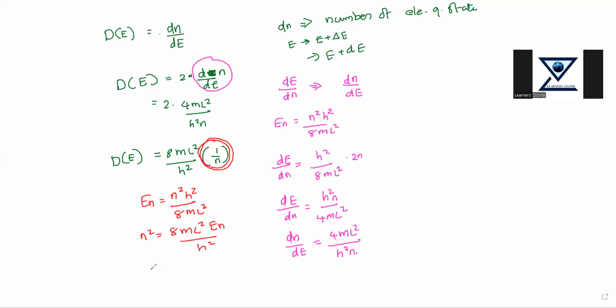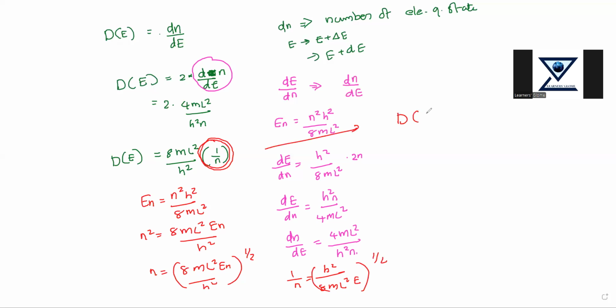That is n equal to 8 ml square En by h square all raised to 1 by 2, or 1 by n is equal to h square by 8 ml square E all raised to 1 by 2. Now we can substitute this equation here. Then the density of state equals 8 ml square by h square into h square by 8 ml square E all raised to 1 by 2.